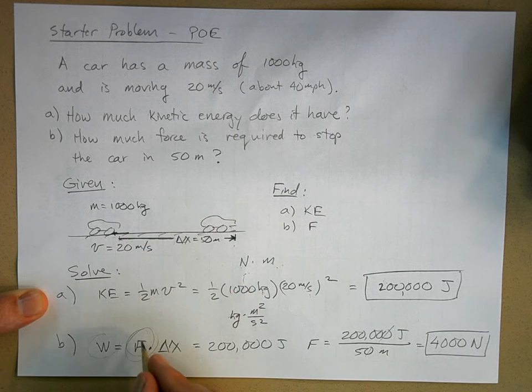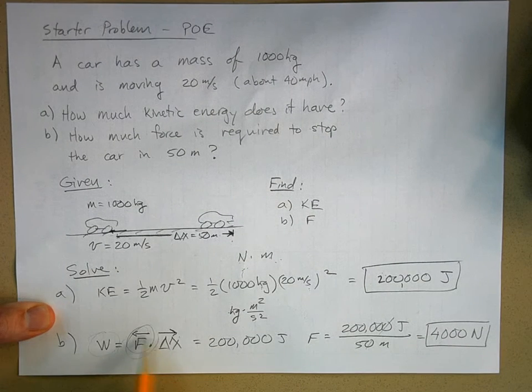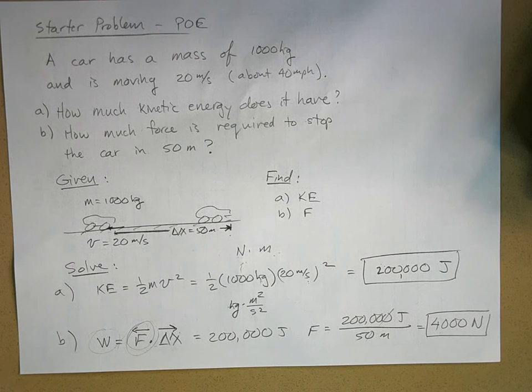When the direction of the force and displacement are opposite, that means we're taking energy out of the system. We're doing negative work, braking.